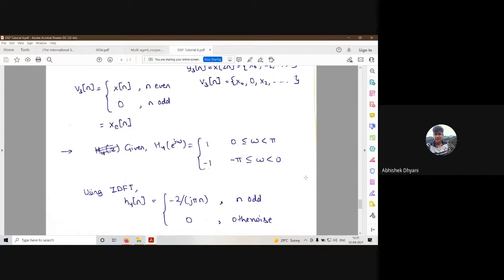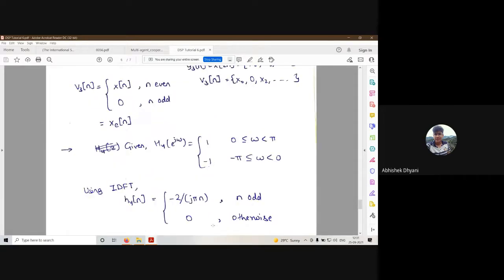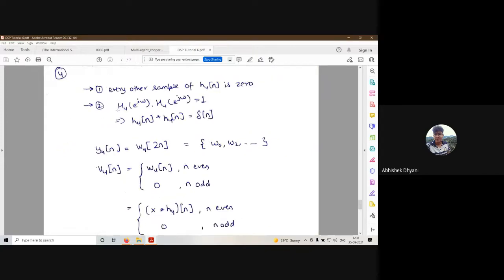Once we have this h4n, we have two things to note here. The first is that every other sample of h4n is 0; only the odd samples are there and every other is 0. The second is that if I take h4 of e raised to the power j omega and multiply it with itself, I will get a 1.